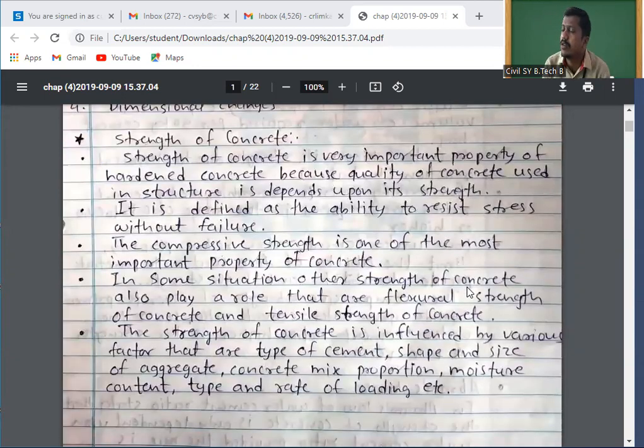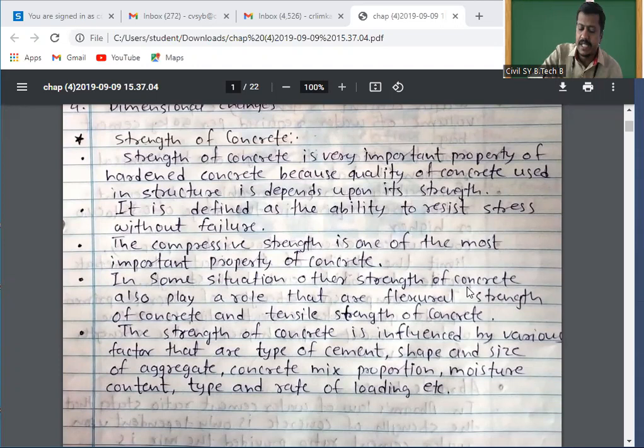What is the strength of the concrete? Can you define it once again? The strength of the concrete is the ability to resist the stress acting on that concrete body, the ability of that concrete to resist the stress without failure.